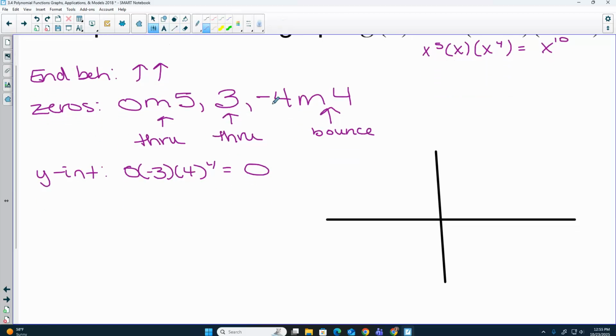All right. So I know both ends should be pointing up. Put the x-axis at 0, 3, and negative 4. Y-intercept is 0, so we've already got that. So I start up here. At negative 4, what does my graph do? Bounce. It's going to touch that, come back. We have to hit the x-axis at 0.